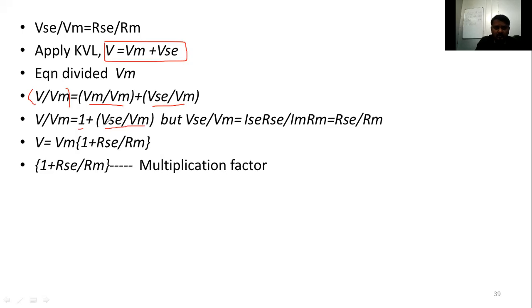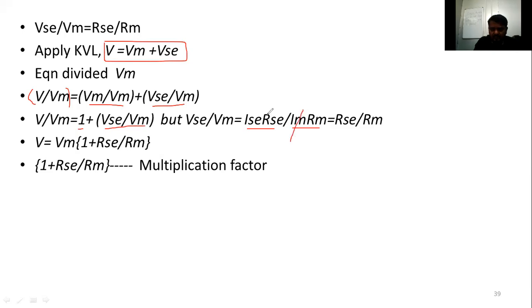According to Ohm's law, we know that VSC equal to ISC into RSC, and Vm equal to Im into Rm. But for the series circuit, ISC equal to Im. Both the currents are same.